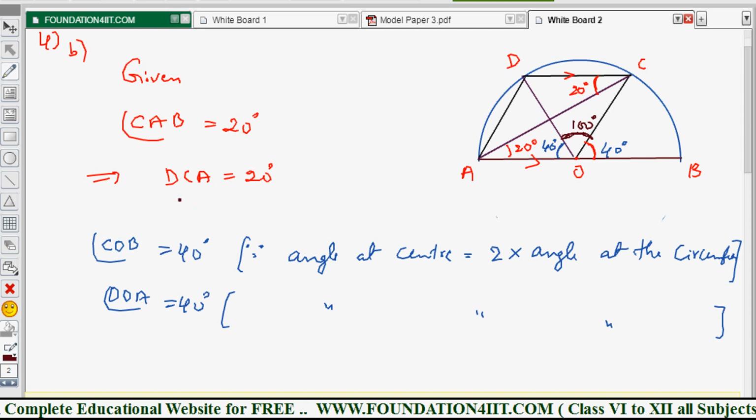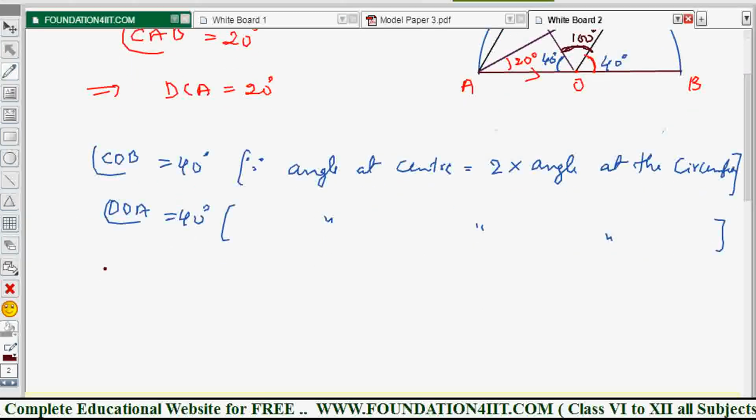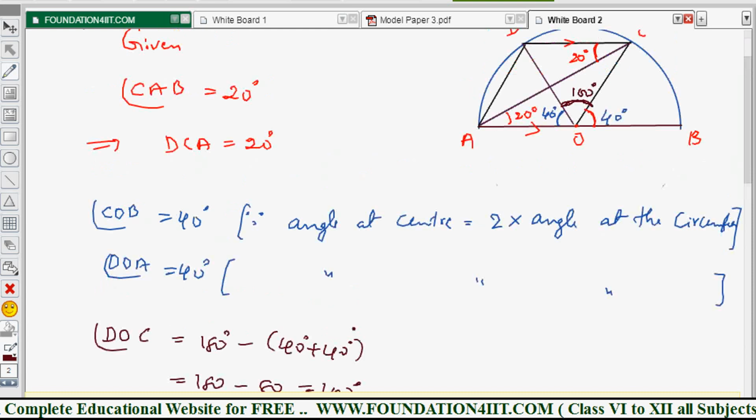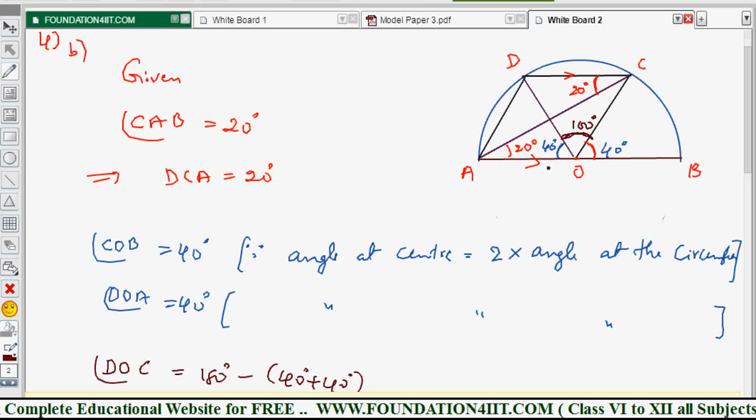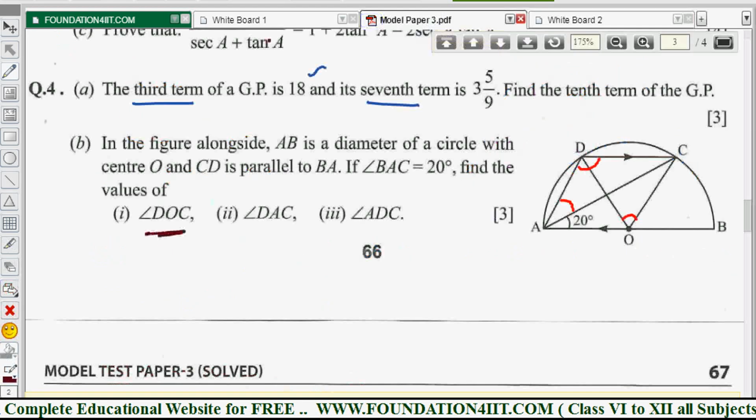So angle DOC is equal to 180 minus the two 40 degrees added, that is 180 minus 80, which is equal to 100 degrees. So this angle we got. We needed to find angle DOC for the first question, so we got it.